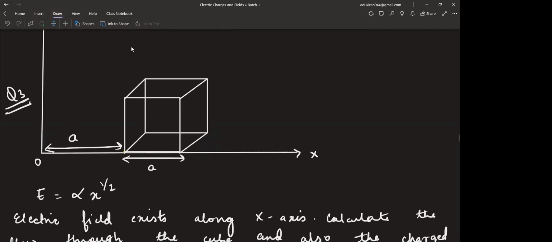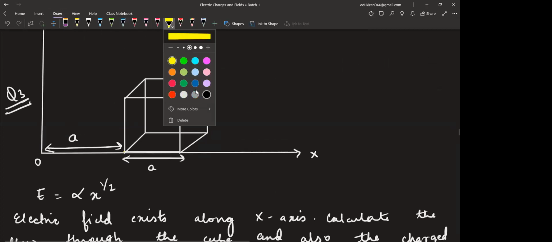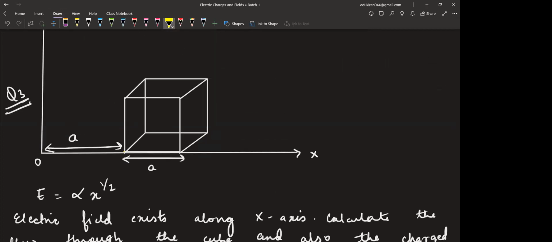Now look here. This face, this is the right face. So when I will drop the n vector from here, n cap, electric field is directed towards the x-axis.